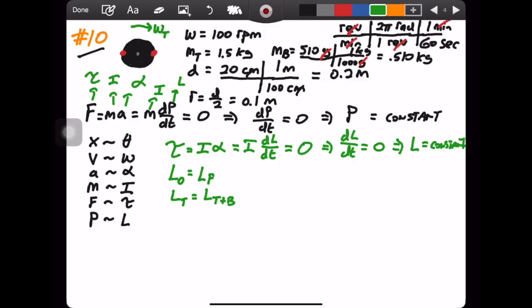I've already shown how we have these various different analogs from linear to rotational. So just as P equals mass times velocity, that's linear momentum. Angular momentum is moment of inertia multiplied by angular velocity, omega.